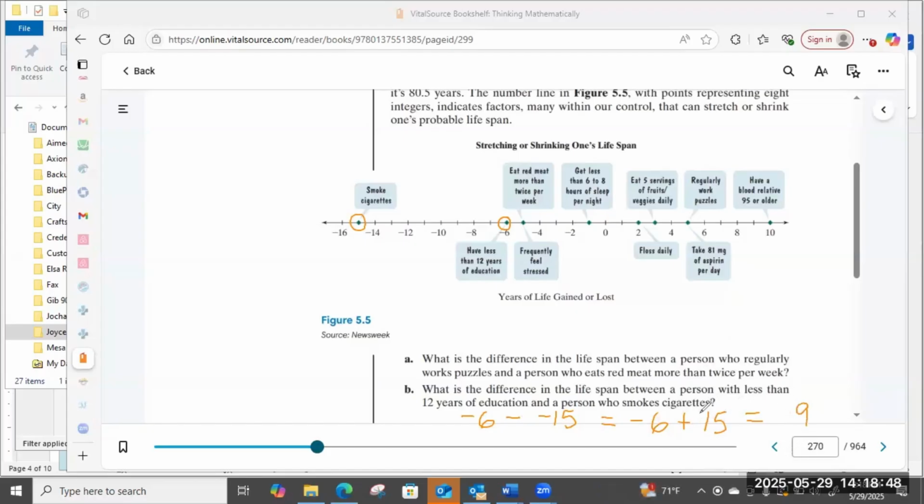And then I keep the sign of the number with the larger absolute value. So it's +9. Let's check that one. 1, 2, 3, 4, 5, 6, 7, 8, 9. So a 9-year difference between someone who smokes cigarettes and someone who has less than 12 years of education.